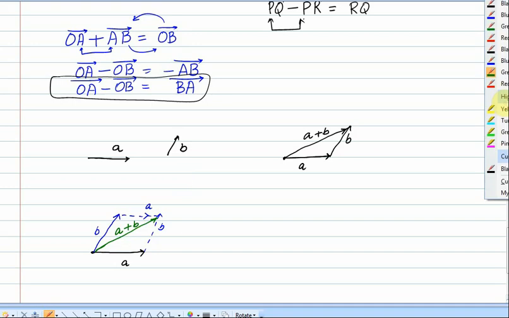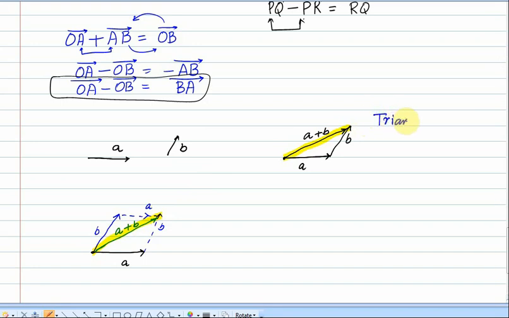You can match the value for both the vectors, their direction is the same, right? They both are heading towards the northeast side. So both the methods are available: the triangular addition, and the parallelogram approach.